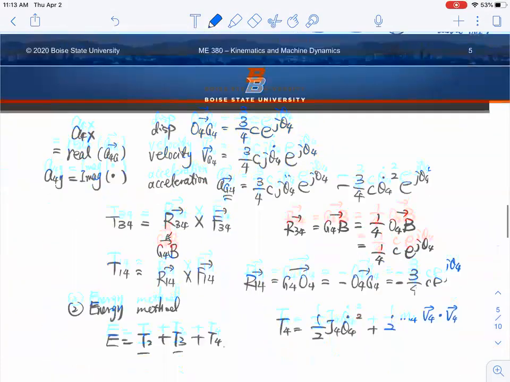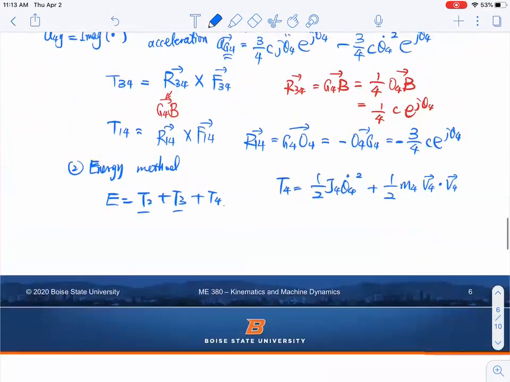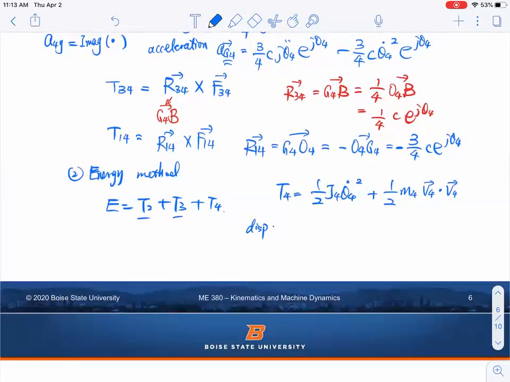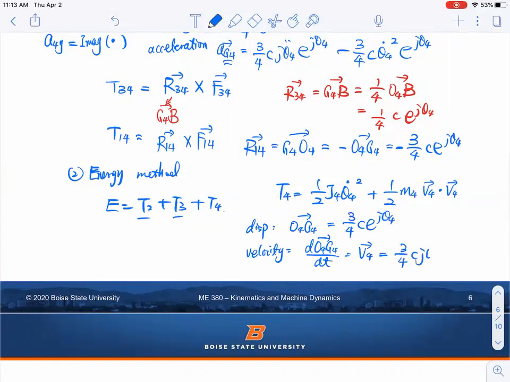Okay, so that's why when you calculate your V4, you have to start from the displacement vector O4G4, and then your velocity is dO4G4/dt, which equals V4. And if you recall, that's 3/4 C e^(jθ4), and then that's 3/4 C jθ4-dot e^(jθ4).